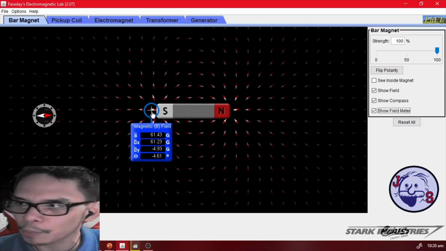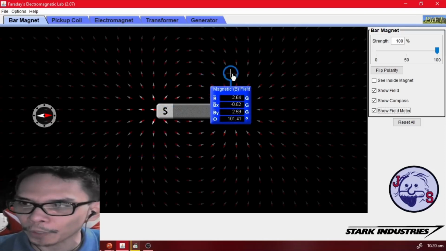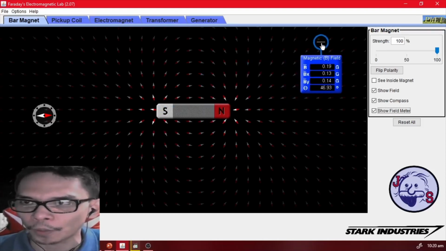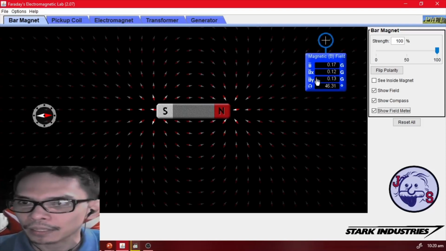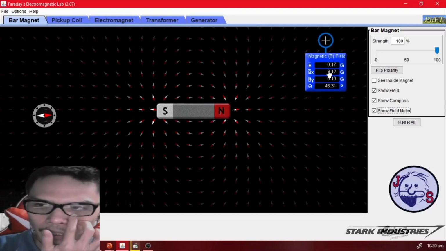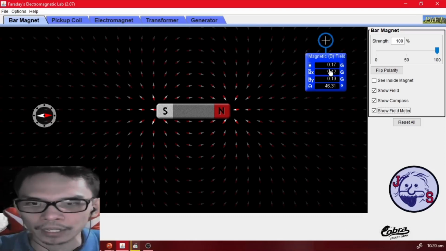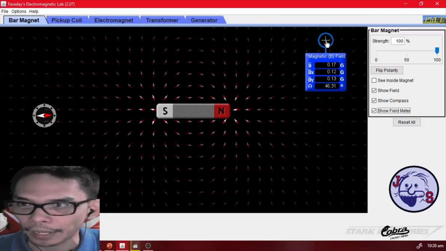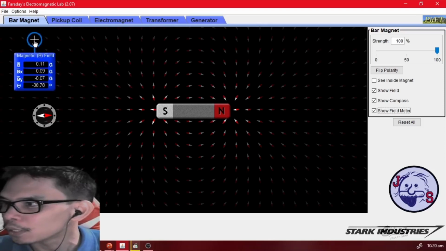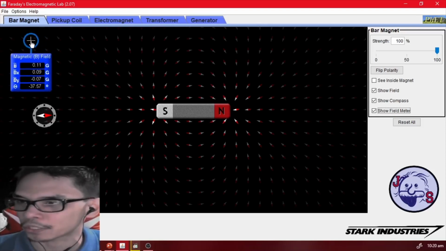When we put this magnetic field meter away from the poles, somewhere over here, it tells us that the magnetic field on this area is very small, at around 0.17 Gauss. And on this area, we have 0.11 Gauss.